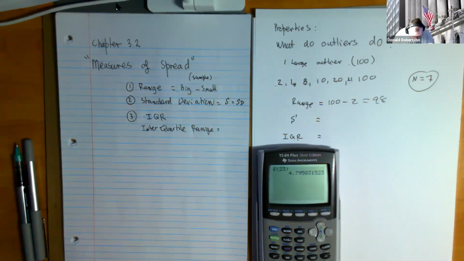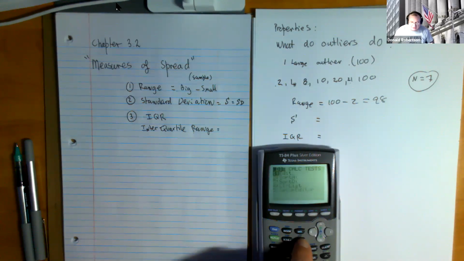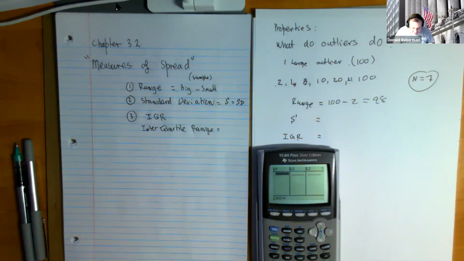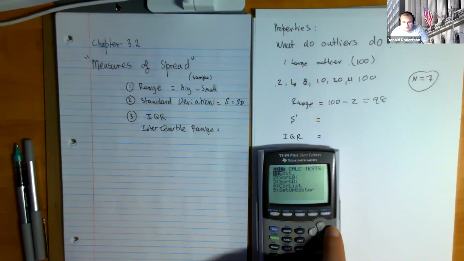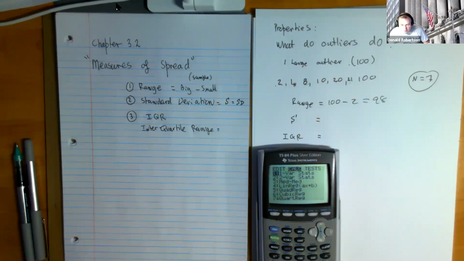So switch it on, clear that out, hit start, go to number 1, and the numbers are 2 and 4 and 8, 10 and 20 and 21 and 100. And then hit start a second time, move over to calc, choice number 1, and then just blue button 1, and I'm done.